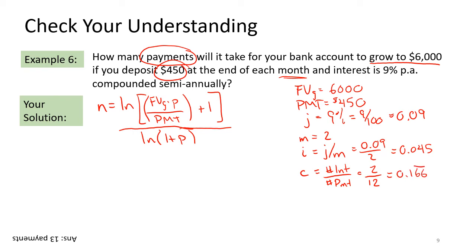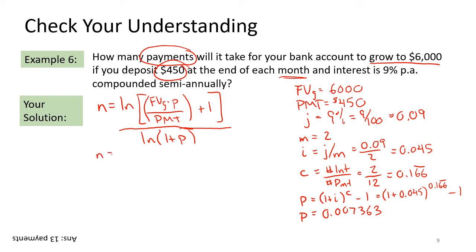So now we can calculate your equivalent interest rate, P. And that's equal to 1 plus the periodic interest rate, I, to the exponent C, minus 1, which is equal to 1 plus 0.045 to the exponent 0.166, again a repeating decimal, minus 1. And if you calculate that out, you get an equivalent interest rate of 0.007363.